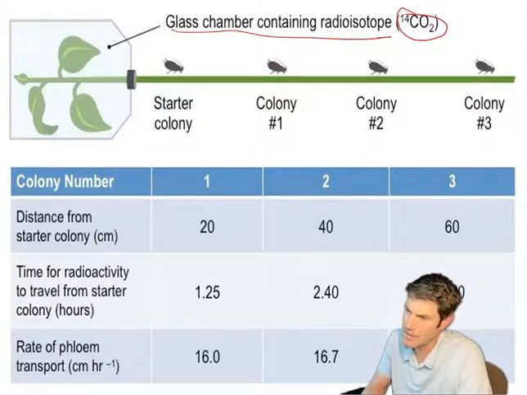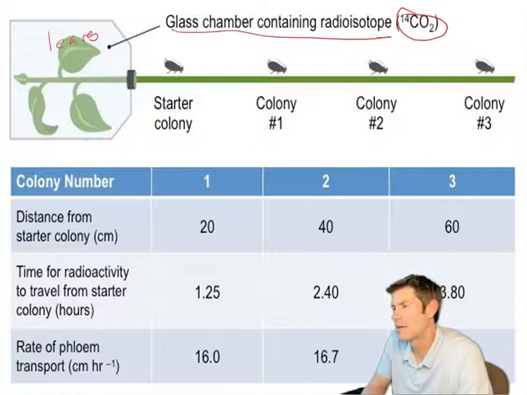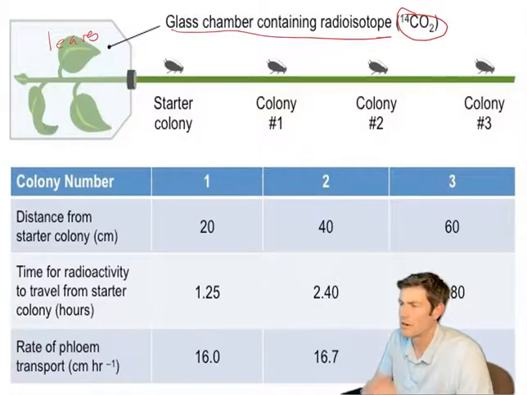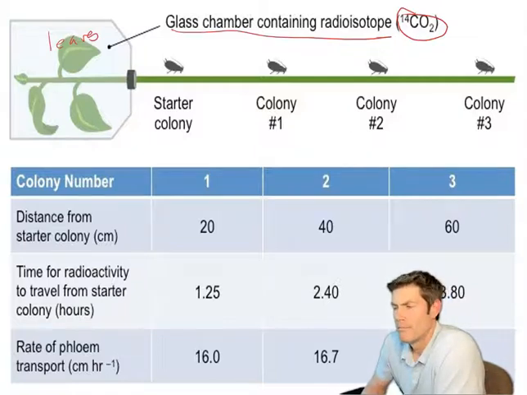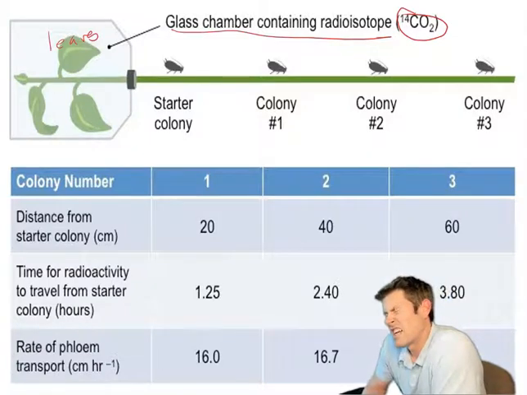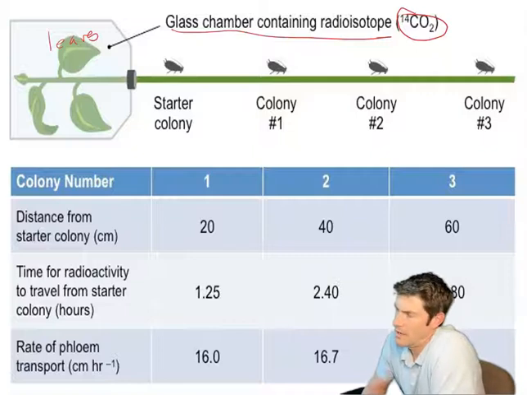So we have the leaves inside this chamber, and you basically have 4 colonies of aphids, and I'm not sure why they don't have the starter colony there. Maybe they left the aphids there and did not cut their stylet off. I'm not sure.